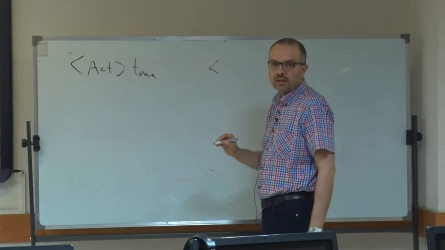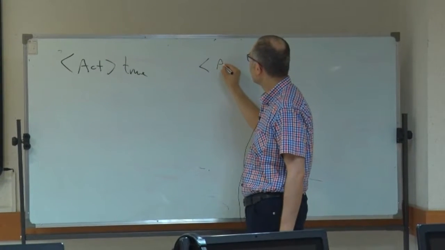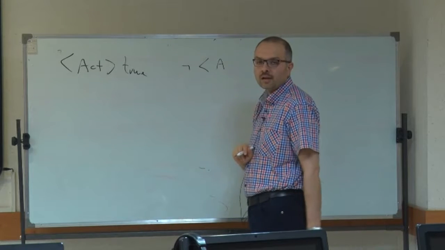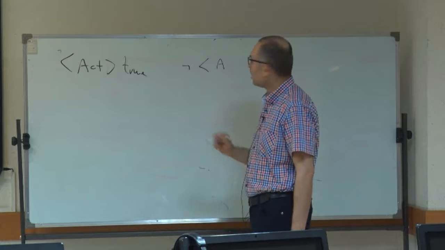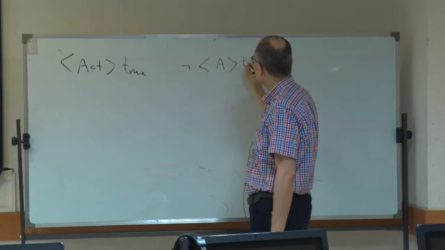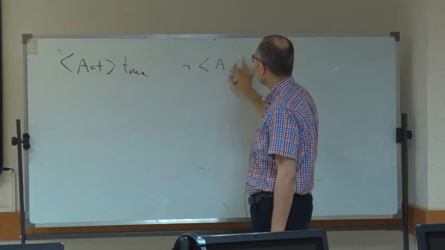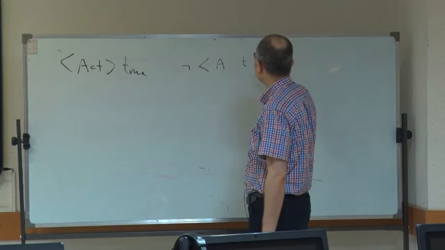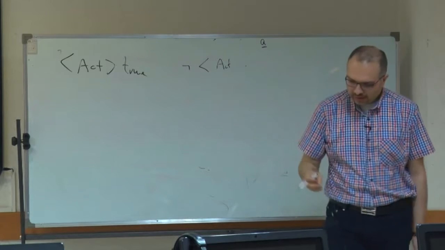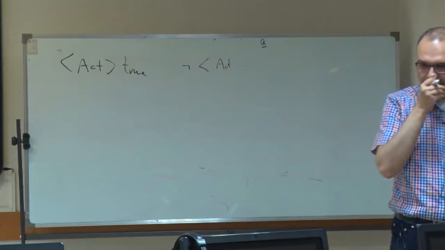Diamond? Not before that. Oh, not. Okay. A? This one? Everything but A. Everything but action A. So suppose act is your set of actions. I want to say you can do anything but A. You cannot do an A right now.